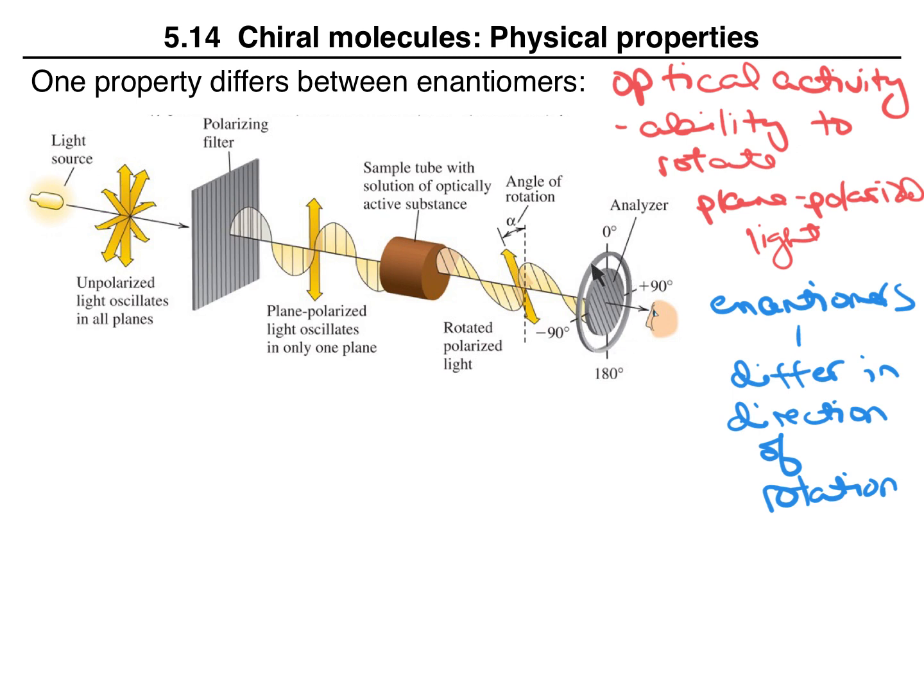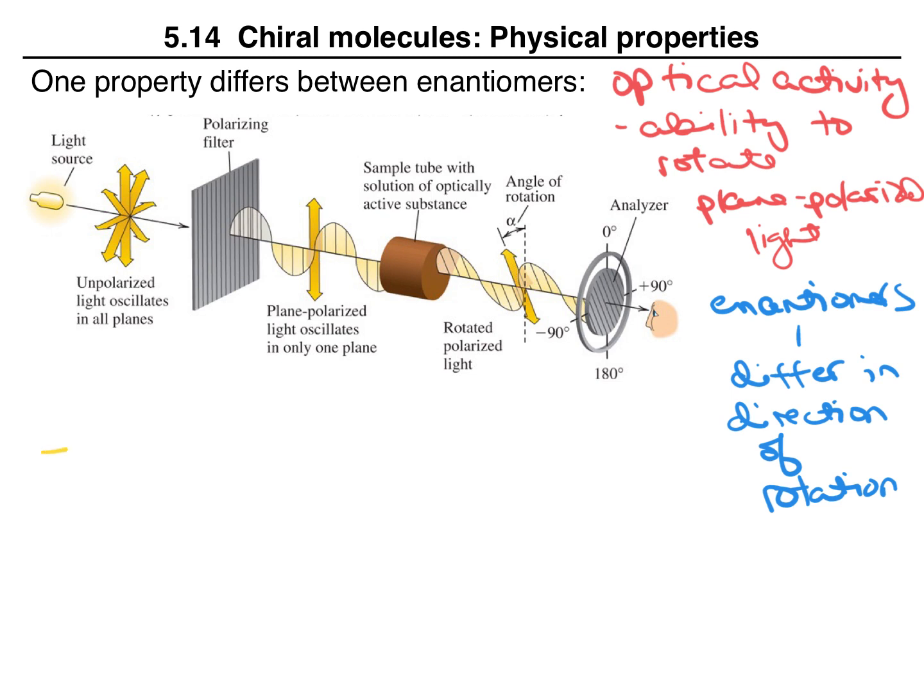Then we have an analyzer, which itself could be another polarizing filter. If this is straight up and down, now that the light is rotated, it'll be blocked and the observer will see no light. But if you rotate the analyzer to match the new angle of the rotated polarized light, then you will be able to observe light passing through the analyzer.